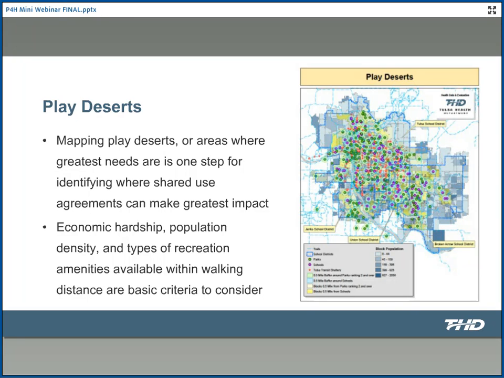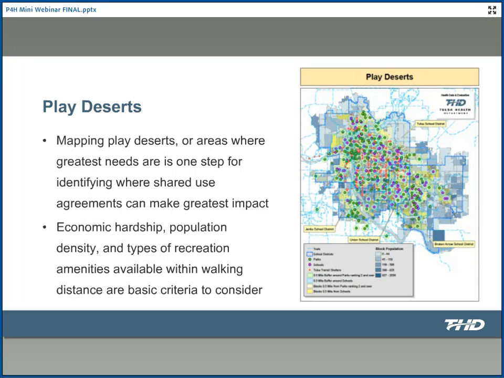Some play desert mapping that people have done in Canada and elsewhere, some will map walking distance out at a mile, others will do it at a quarter mile. And we didn't want to overestimate the extent of play deserts or underestimate, so we did ours at a half mile.